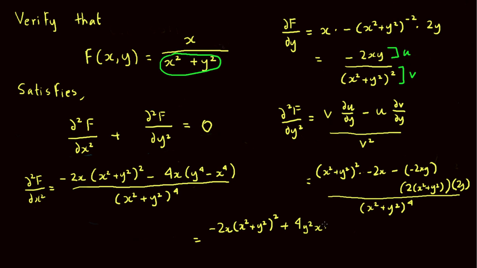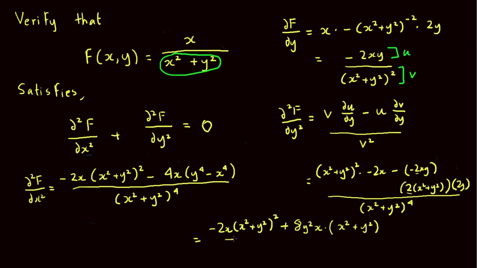Well, 4 times 2 would have been about, let me check, because you have your 2, your 2, and your 2, so that becomes 8. That'll be 8y squared x, plus, times (x squared plus y squared).